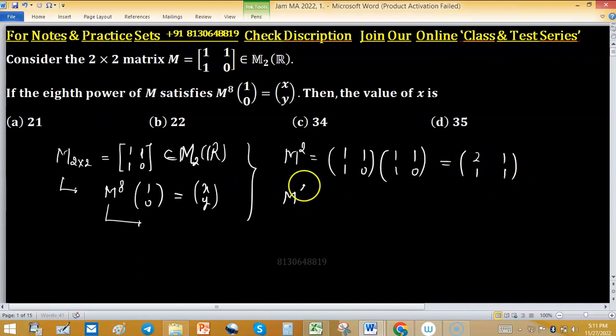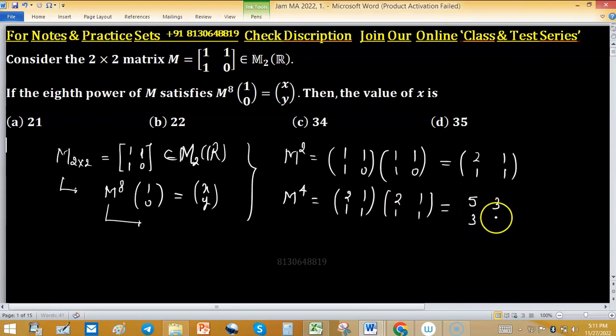Now M raised to the power 4 is obtained by multiplying [2 1; 1 1] with itself. So this value is 4 plus 1, 5; 2 plus 1, 3; this is 3 and 2, not 1 2.